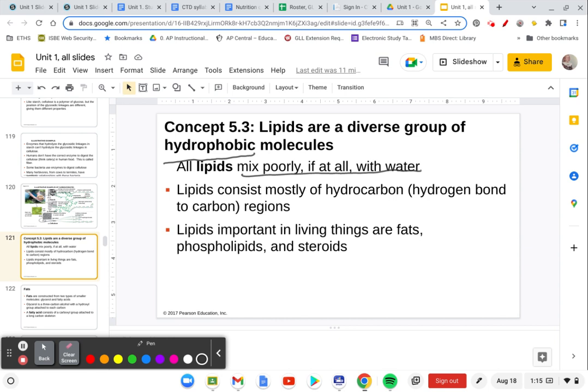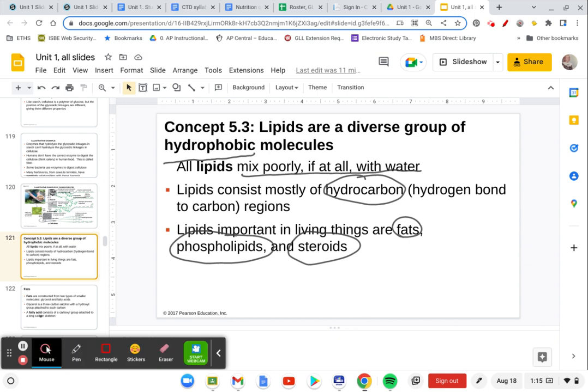Lipids are mainly made of carbons bound to hydrogens. Because there's a lot of carbons and a lot of hydrogens, we call those hydrocarbons. Lipid functions are mainly long-term storage. So I say fats, but it's long-term storage. Also cell membranes, that's the phospholipid part, and steroids. And we'll talk about each of these in turn.